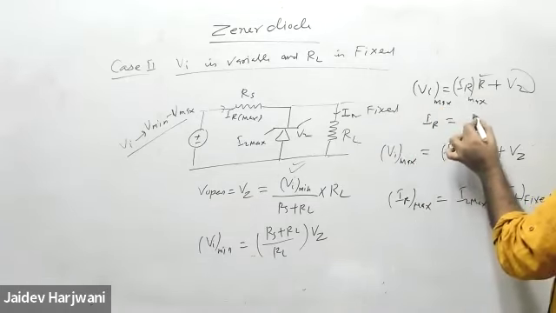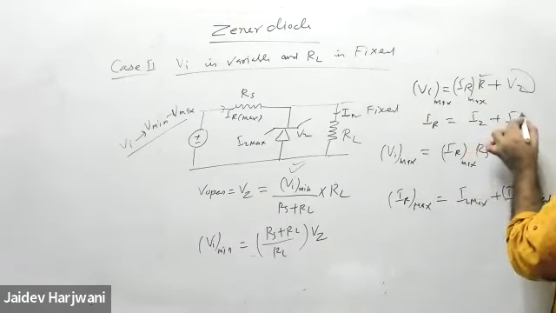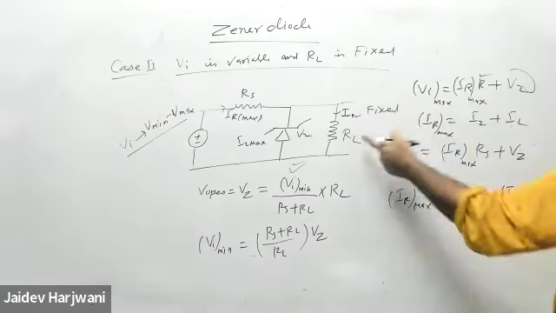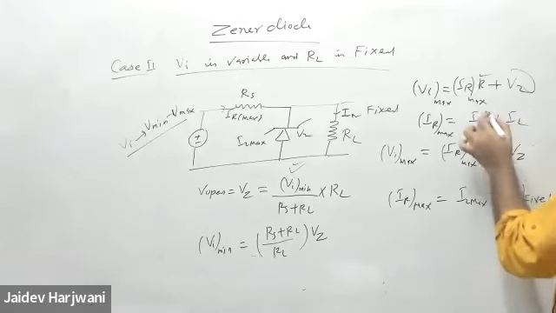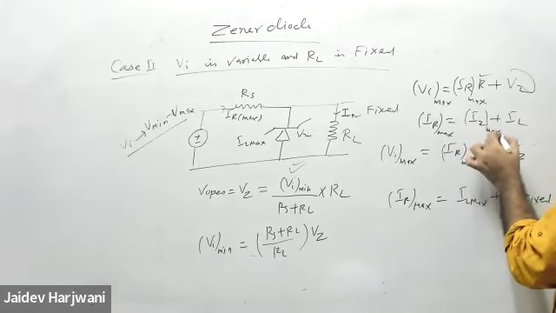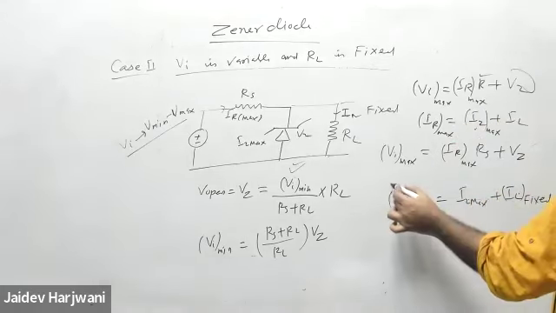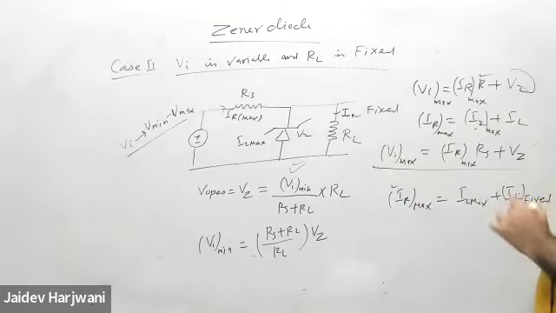IR is equal to Iz plus IL. When I'm increasing this, this particular case cannot increase, so only Iz is increasing, so I can go up to maximum here. If this is given, I can find what is IR, and from there I can find Vi max. Is that clear? Yes, sir, clear.